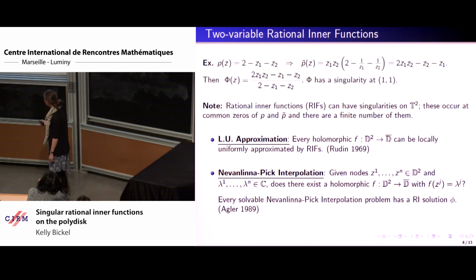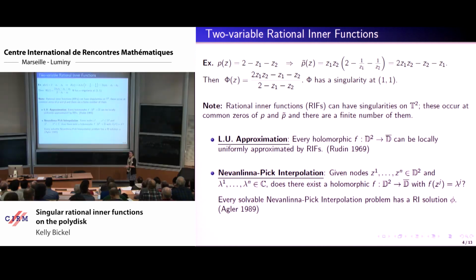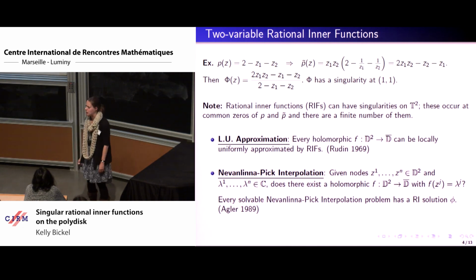Now, one of the things that came out of his construction was that if you have a Nevanlinna-Pick problem on the bidisk, so a collection of nodes on the bidisk and a collection of targets in the complex plane, and you're trying to find a function that's analytic on the bidisk and bounded by 1 that maps your nodes to your targets, then if this problem is solvable, it has a rational inner solution. So in particular, if we want to understand the solutions to interpolation problems, we really need to study the structure of these rational inner functions.